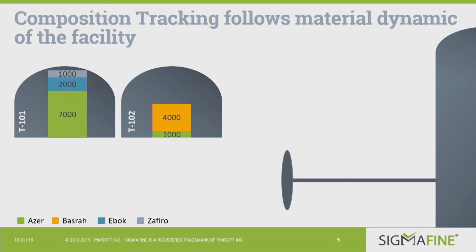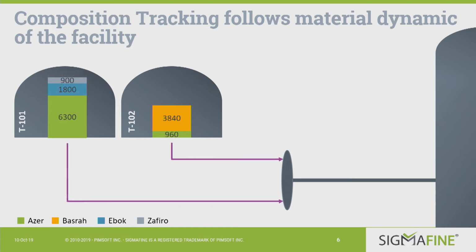And let's assume there are some movements occurring simultaneously, so there will be material coming out of this tank. The composition tracking will follow and understand which are the materials making up your movements. And suddenly these packages of materials will interact together, so they will mix.